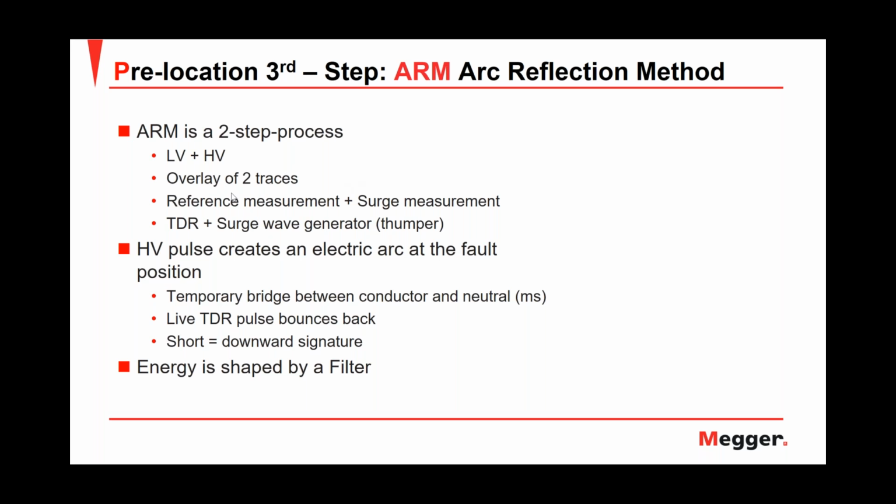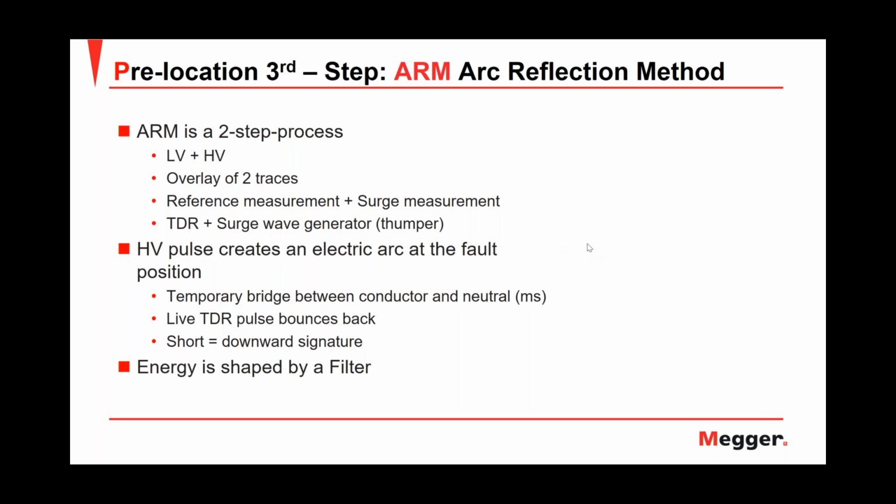And in this case, we will overlay the two traces. So we will have the blue trace of the reference measurement plus the source measurement of the red trace. And we will combine the TDR and the source wave generator or thumper.